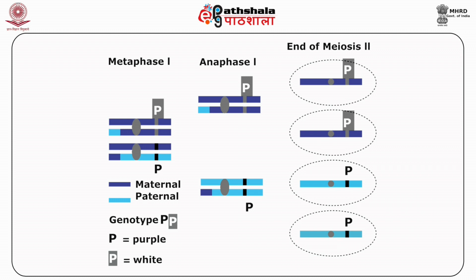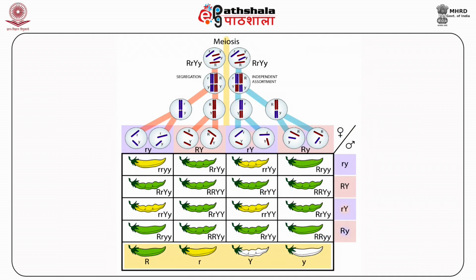More precisely, the law states that alleles of different genes assort independently of one another during gamete formation. Mendel's experiments with one trait always resulted in a 3 is to 1 ratio between dominant and recessive phenotypes.